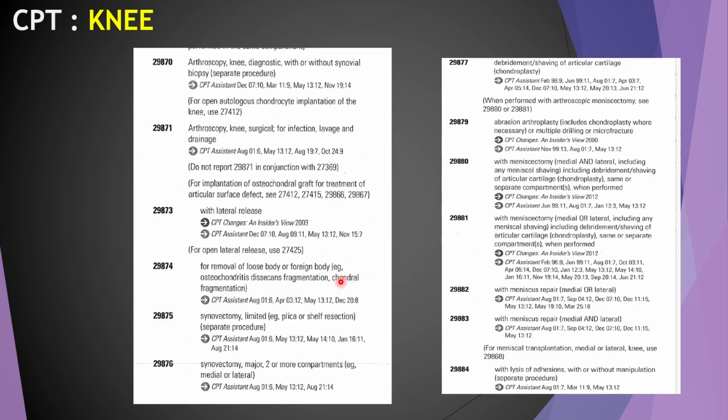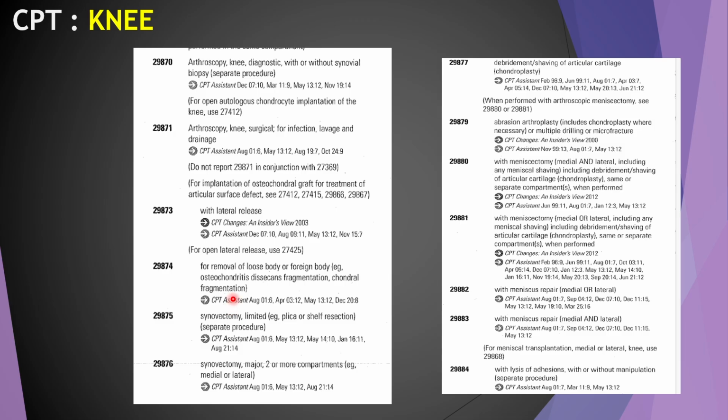So simply, it is an arthroscopic removal of the loose body, foreign body from the knee joint, where the fragments of bone or cartilage are extracted using a minimally invasive procedure, that is arthroscopy.